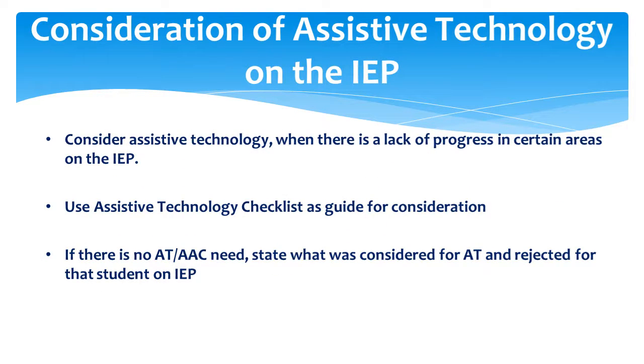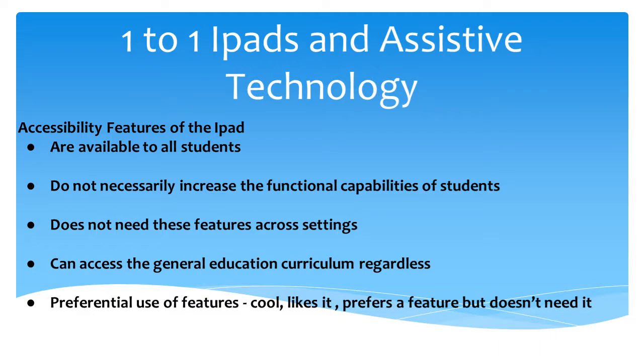Assistive technology is used for a student when they are not making progress in certain areas on their IEP. If there is no AT need, now the one-to-ones within the district provide continuity of technology throughout the district.